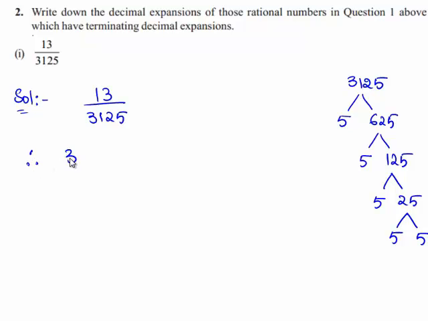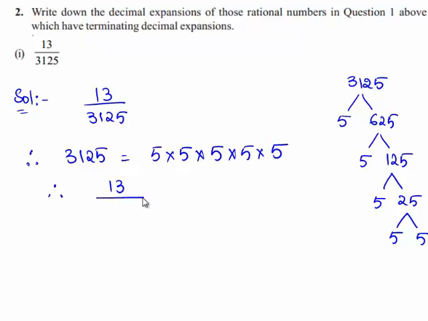Therefore, 3125 can be written as 5 multiplied with itself 5 times. Therefore, the given rational number becomes 13 upon 5 power 5.